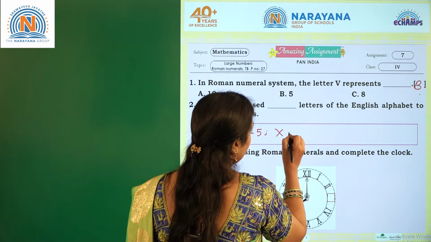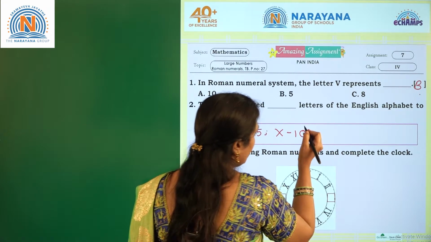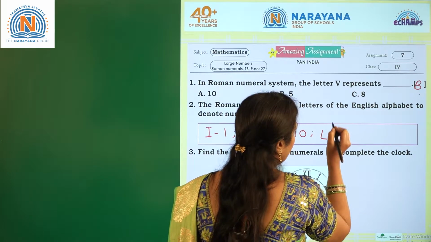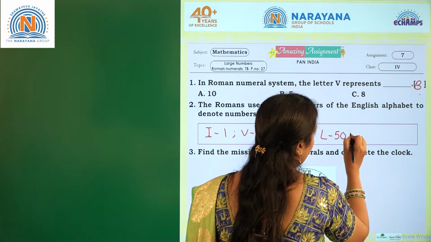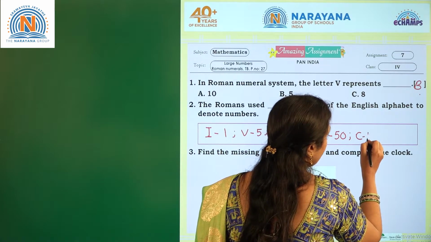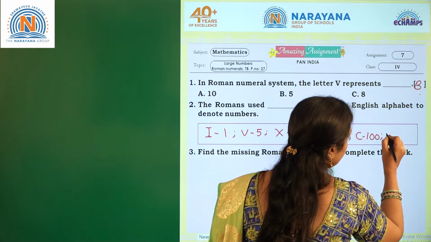X. That value is 10. The next letter represent L. What is the value of L? 50. And what is the next value? C. The value of C is 100. And what is the next one?